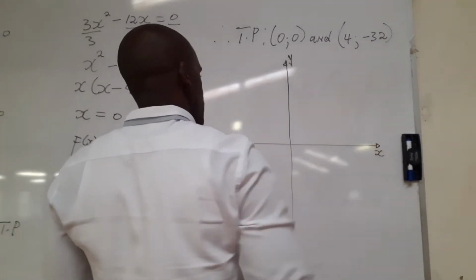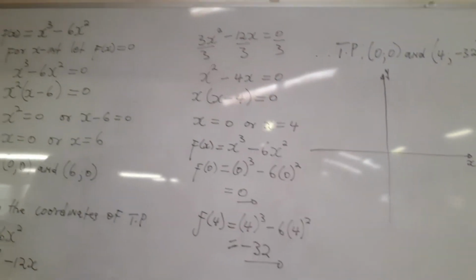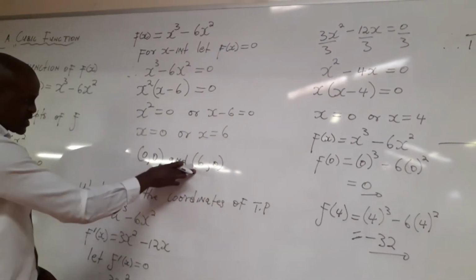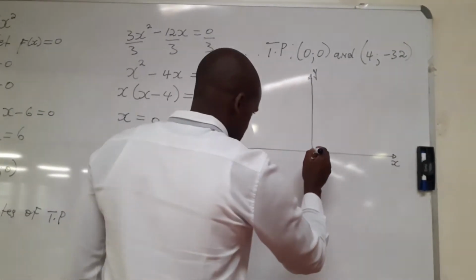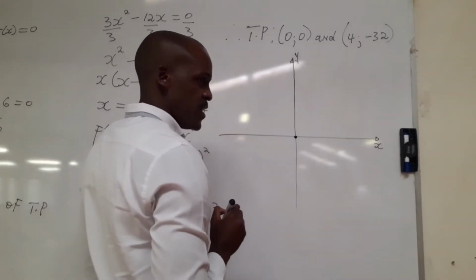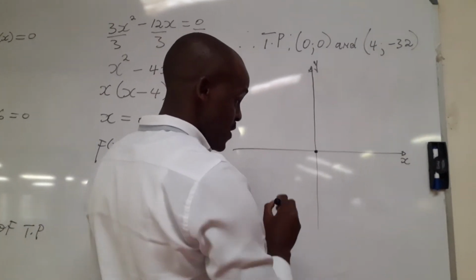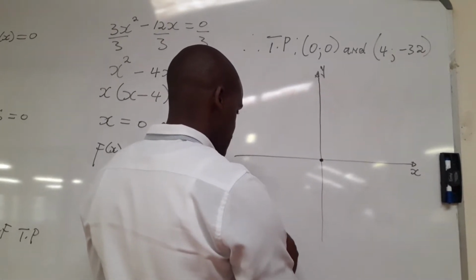Right, that's our Cartesian plane. And then let's indicate all our points. We've got the x-intercept and also the y-intercept. Our y-intercept is here. And also there is a turning point there. Remember that our graph is increasing. So if there is a turning point, obviously it will come from this side because it's increasing.